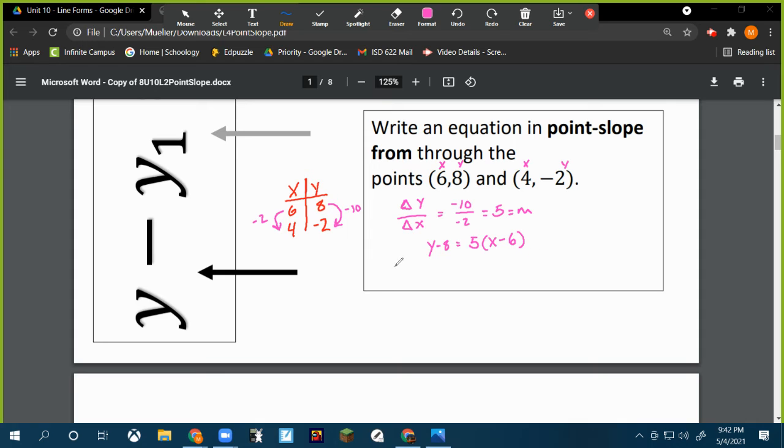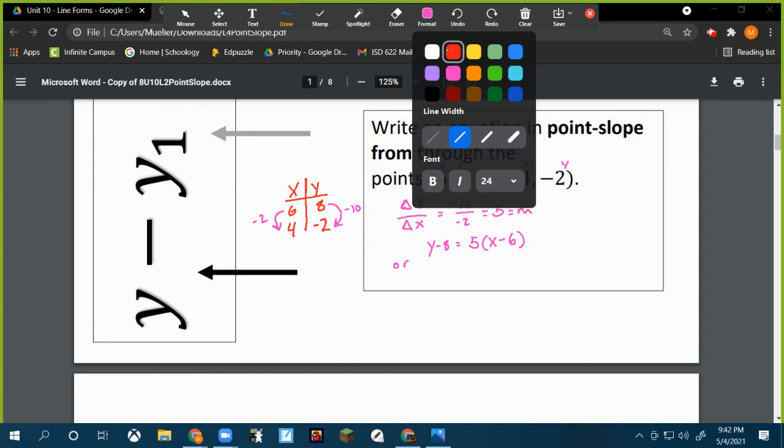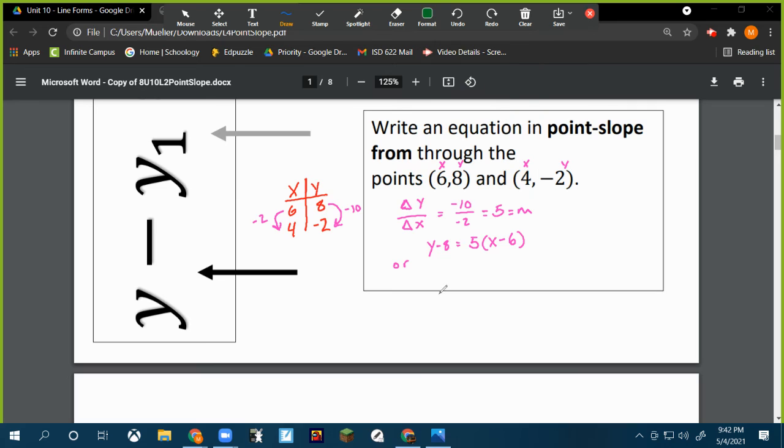That could be one of them. Or you could write, notice how I used or, not and, y, the opposite of -2 is +2, times our slope, x, the opposite of 4 is -4. Both of those are acceptable equations. Both will give the same equation or same line on a graph, and I'm going to show you that in a second. I'm going to erase this, so if you need to pause, do that really quick.